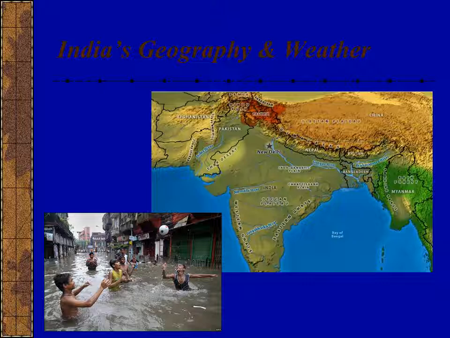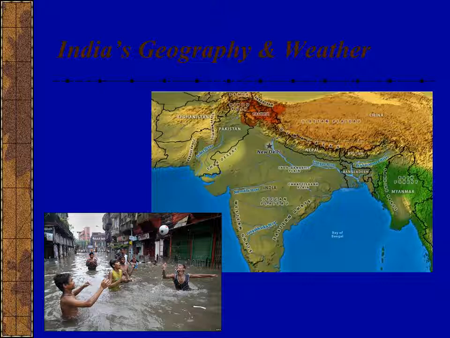We've got the Himalayas to the northeast, the Ghats in the south, and the Indus River and Ganges River that flow east and west, and it's a very complicated land geographically. We've got deserts, plains, mountains, rivers, swamps, oceans. And it's a subcontinent. It's a plateau that operates very much like that.